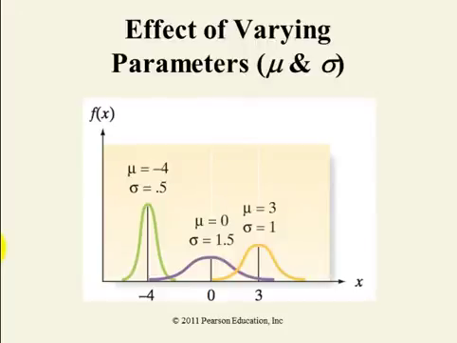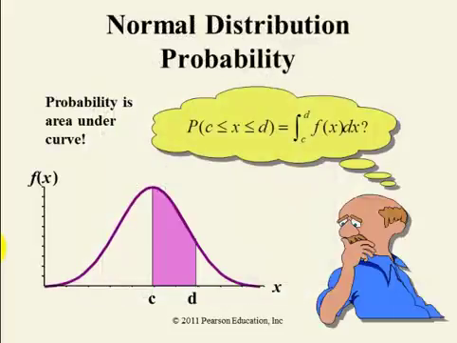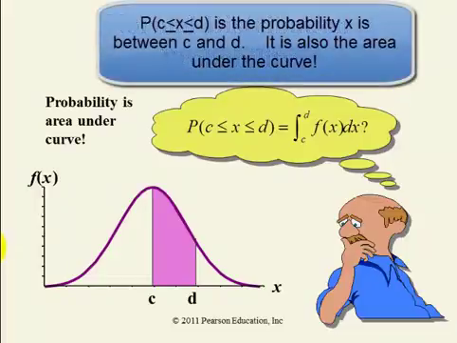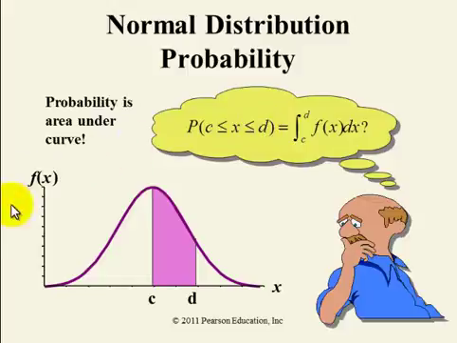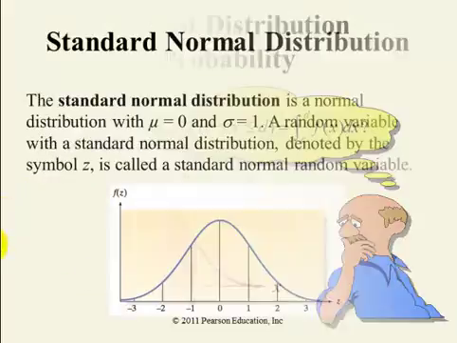If you make sigma, the standard deviation, bigger, it spreads out. It creates more dispersion. And we're looking for the area under a curve, and that's the probability. Probability is area under the curve, and here's some integral calculus. And like I say, we'll standardize, and then we'll look it up in the table.